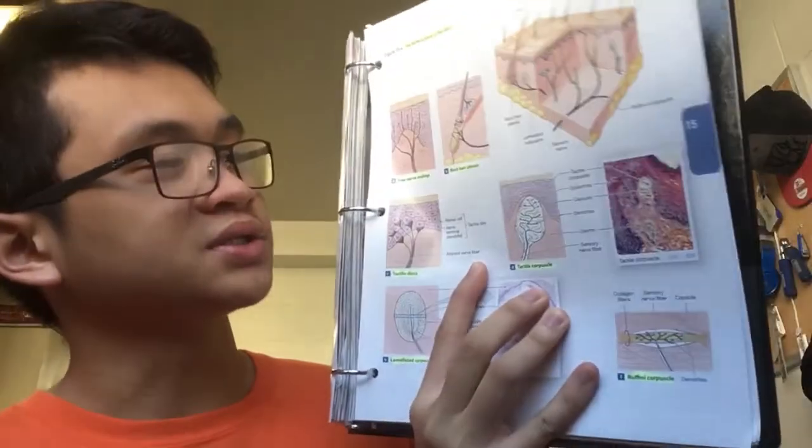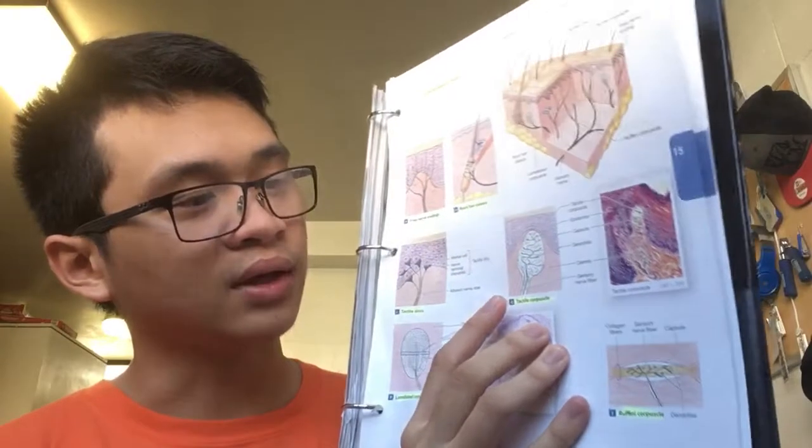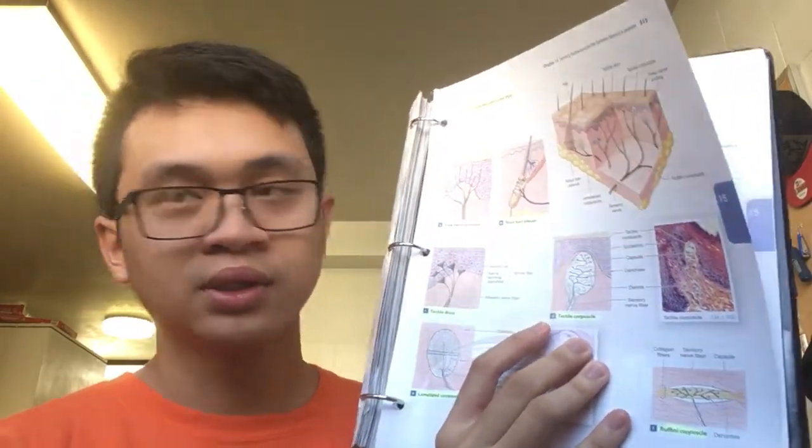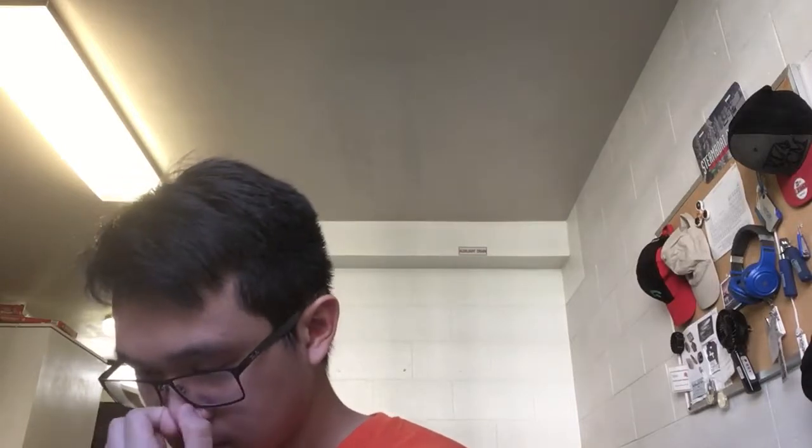As you can see here, you can see the free nerve endings, root hairs, tactile corpuscle. Our professor just wants us to know that they exist. We don't need to know all the different receptors on your skin, only a few.